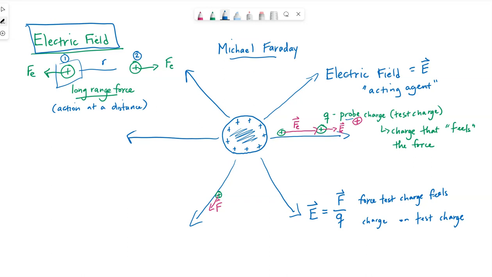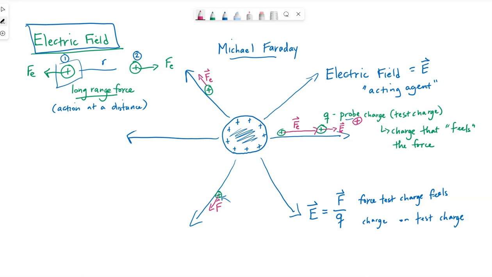Which in turn, to probe for an electric field, we would have to place a test charge there to see if it has an electric force. So with the definition of a probe charge being positive, we know any positive charge placed nearby another positive charge will experience a force that points away, the electric force pointing away.